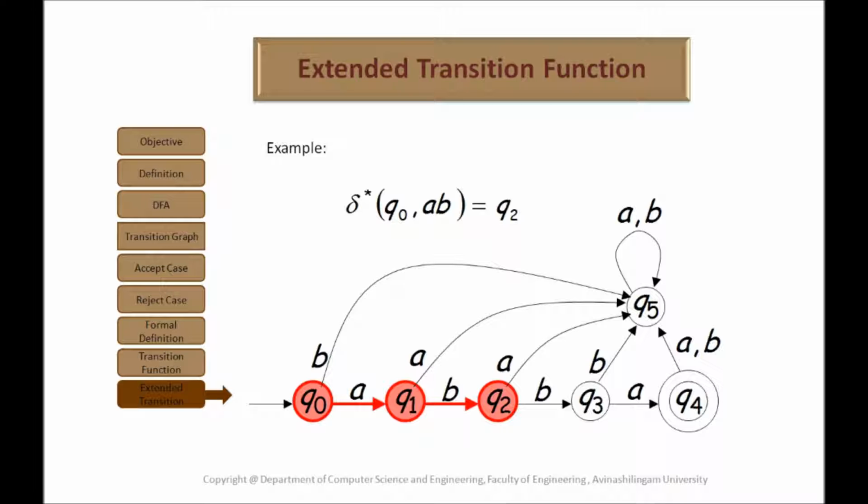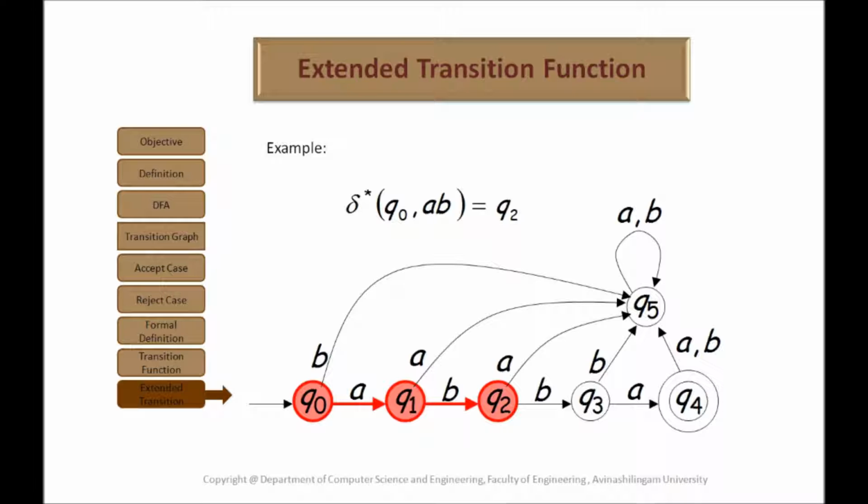From Q0, the initial state, we have to process the input symbols A and B. We have to check to which state it goes. From Q0, using the input symbol A, it goes to Q1. Next we have to process the next input symbol, that is B. From Q1, using B, it goes to Q2. The extended transition function is delta star of Q0 comma AB is equal to Q2.